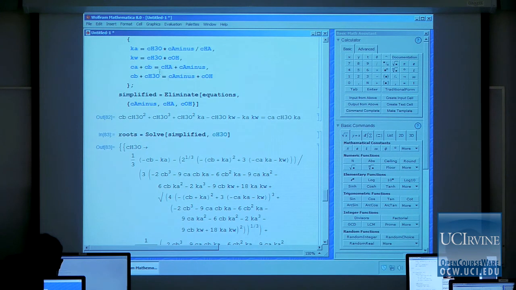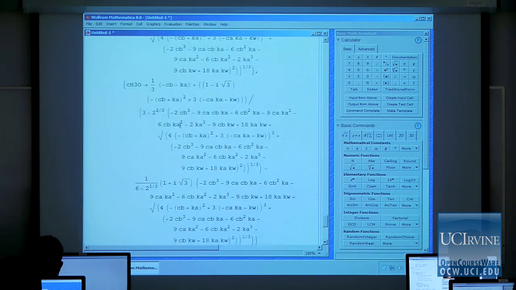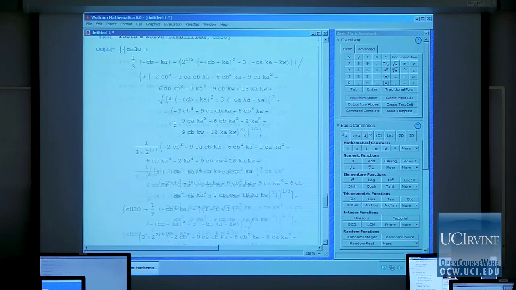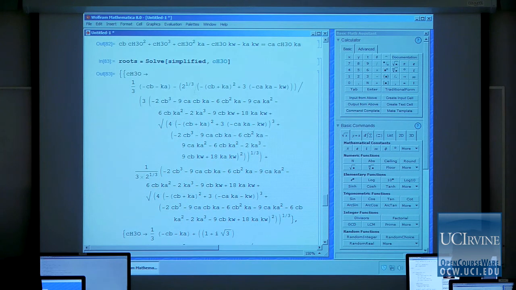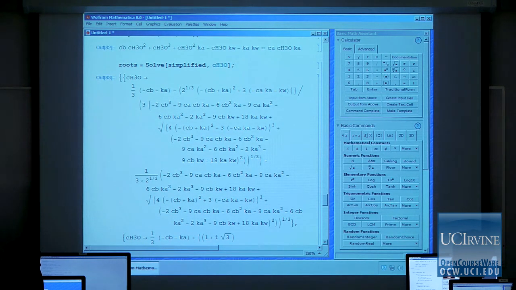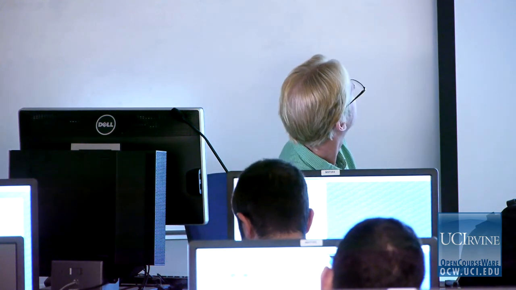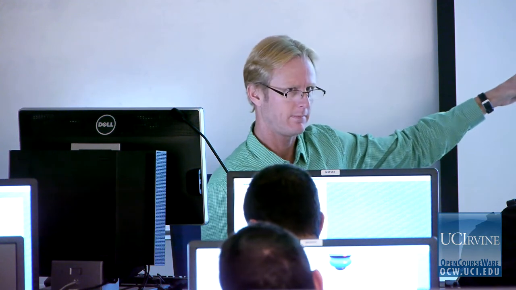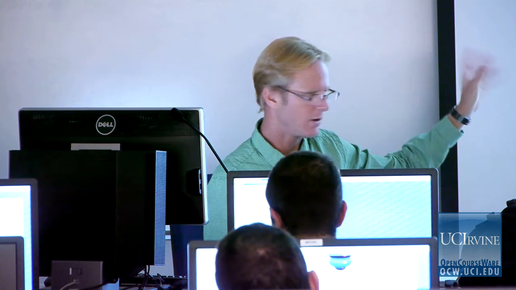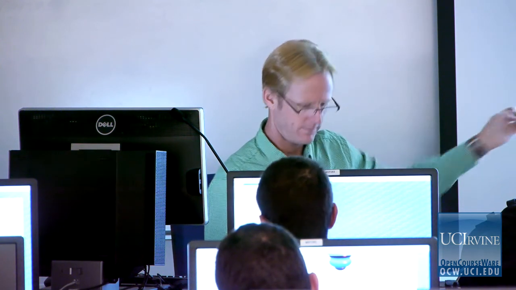Okay? And as we've already seen, a cubic gives quite complicated looking solutions. So in fact, what you might normally want to do is put that in there. And now we could actually evaluate CH3O for a particular case. So this is the totally general solution for this problem. We don't care what acid it is. We don't care what the initial concentrations are.